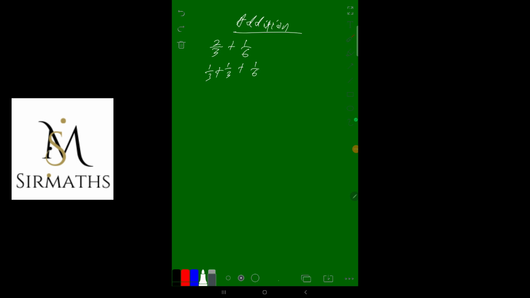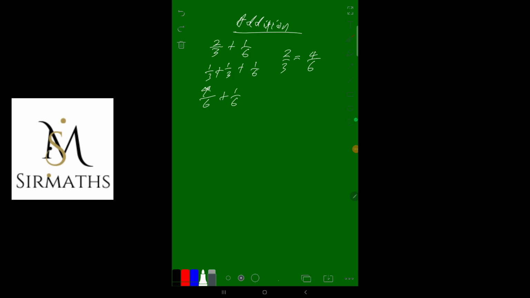You can see that the denominators are not the same. But remember that 2 over 3 is the same as 4 over 6. How do you get that? We multiply 2 by 2 to give us 4, and multiply 3 by 2 to give us 6. So, in other words, we now have 4 over 6 plus 1 over 6. Now we have the same denominator, which is what we call like fractions.